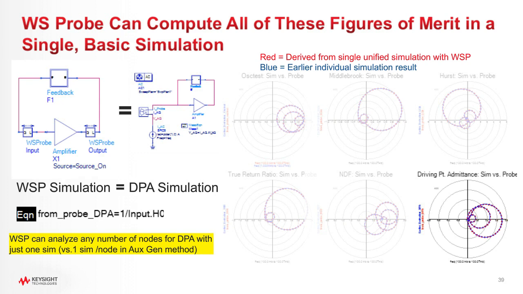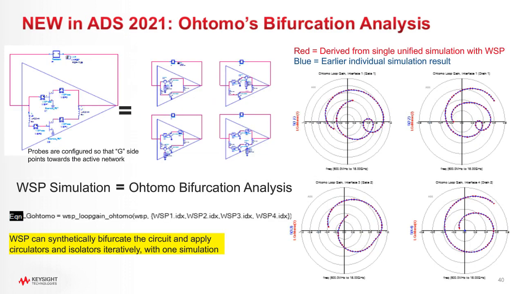And finally, I should mention, this is new in ADS 2021. We can also do Ohtomo's bifurcation analysis. So essentially, we set up the probes to point in towards the active devices consistently. So either the gate or the generator or the load side would point into the active network, and then you essentially run the probe network through this equation, and it'll derive these Ohtomo-style family of loop gains based on all your probes.